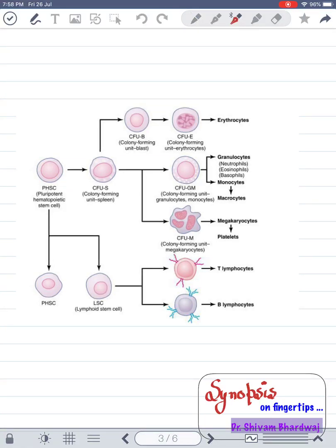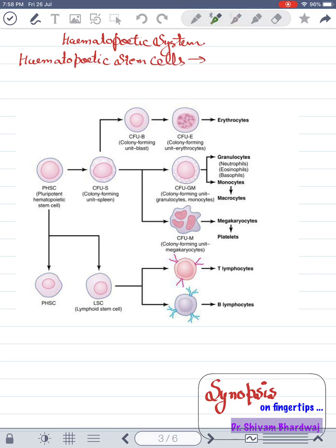If we talk about the hematopoietic system, it has special hematopoietic stem cells which are positive for CD34 receptors. So these are CD34 positive cells, and they give rise to different lineages of the blood cells. That we'll be discussing.